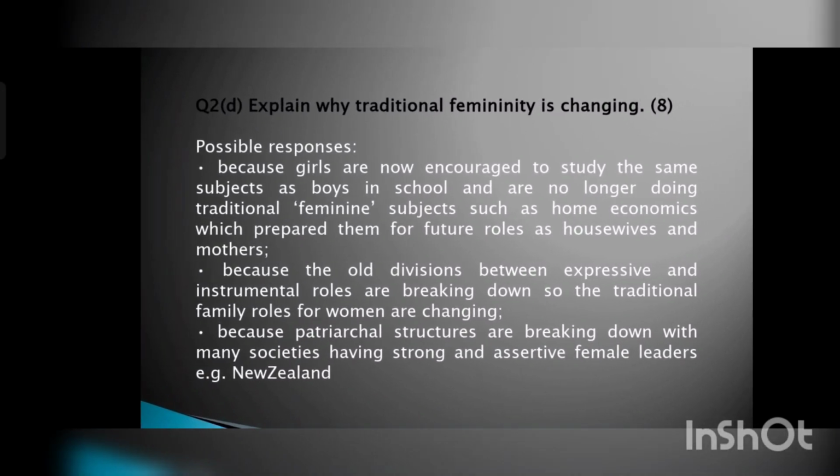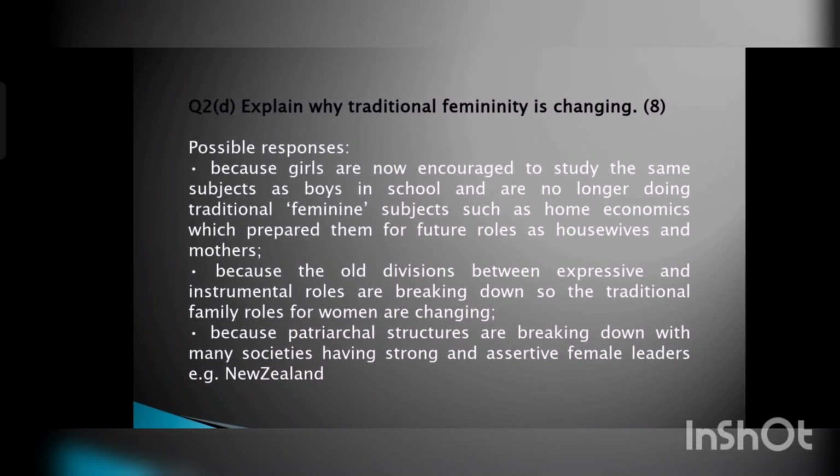Explain why traditional femininity is changing, and it's an 8 mark question. What is the examiner expecting you to write? Because girls are now encouraged to study the same subjects as boys in school and are no longer doing traditional feminine subjects such as home economics, which prepared them for future roles as housewives and mothers.